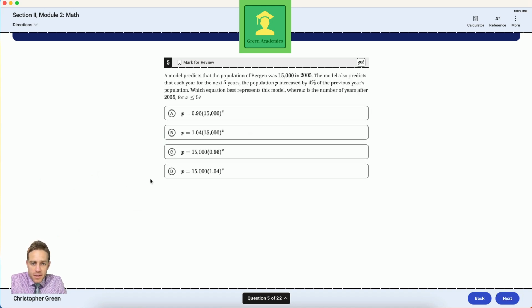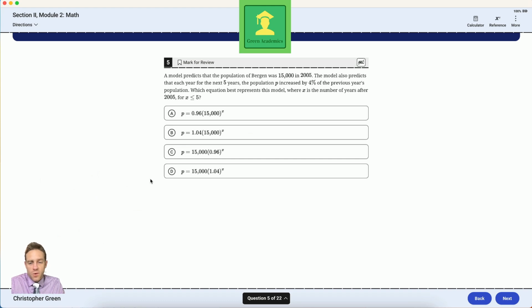A model predicts that the population of Bergen was 15,000 in 2005. The model also predicts that each year for the next 5 years, the population P increased by 4% of the previous year's population. Which of the following best represents this model, where x is the number of years after 2005, for x less than or equal to 5?